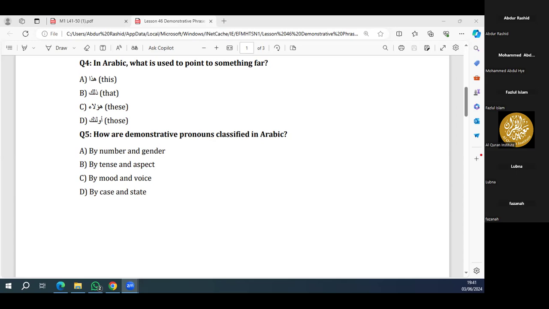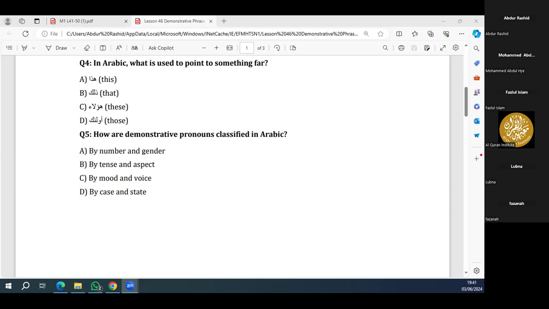Case, mood, state, same thing. So D, case and state, is wrong. C is also wrong because they don't have to match in Irab for Ismul Ishara.